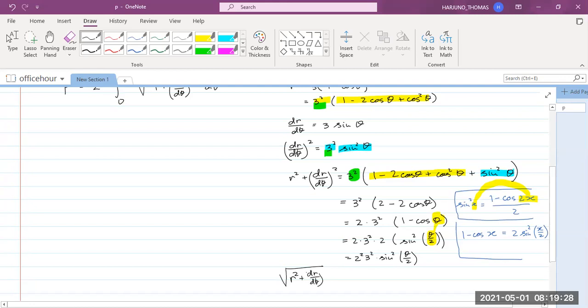you see the setup is actually a lot longer. Will be 3 times 2 times sine theta over 2. Supposed to be with absolute value, right?